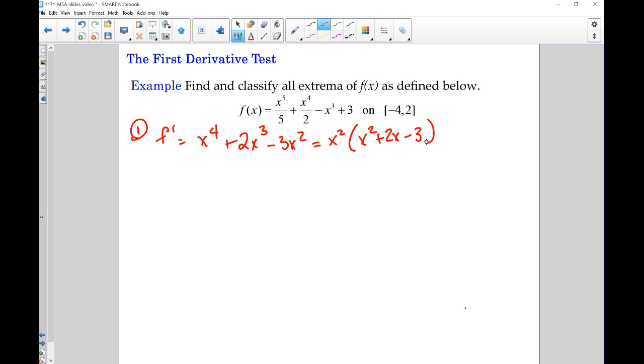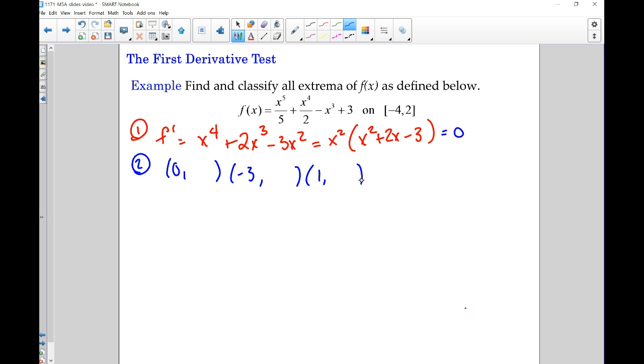Okay, and from here I want to find critical points. So let's set this equal to 0 and solve. I'll let you work this out, but I end up getting 0 as the x-coordinate from this first part, and then it should be -3 and +1.